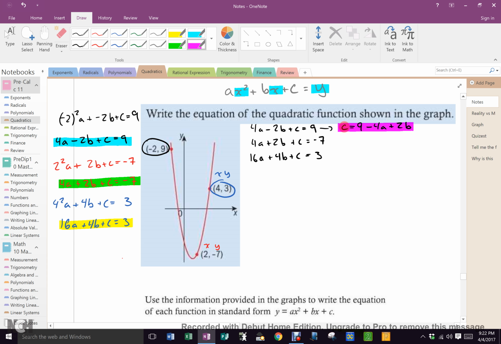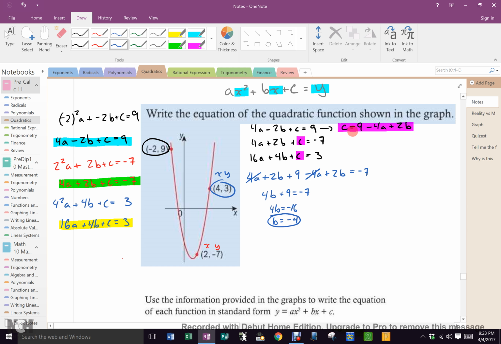Right? Now, if that's what C is, there's a C and there's a C. So watch what happens. 4a plus 2b plus 9 minus 4a plus 2b, because that's what C is, equals negative 7. What happens there? 4a's go away. 2b and 2b is 4b plus 9 equals negative 7. 4b equals negative 16. b equals negative 4.